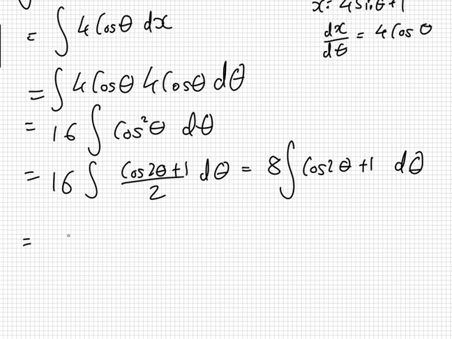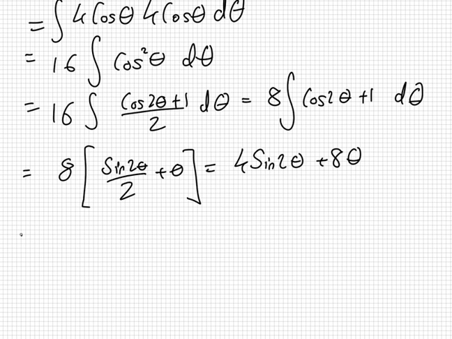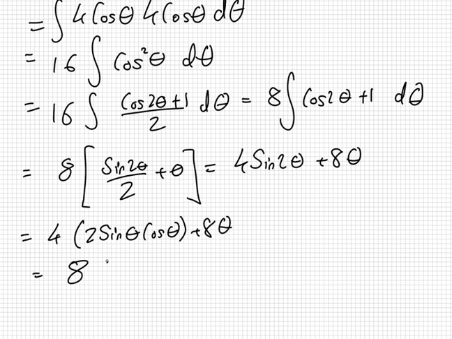So that becomes, when you integrate it, 8 sine 2 theta over 2 plus theta plus the c, which I'll put in at the end. That's 4 sine 2 theta plus 8 theta. That's 4 times 2 sine theta cos theta plus 8 theta. So that's 8 sine theta cos theta plus 8 theta plus c.